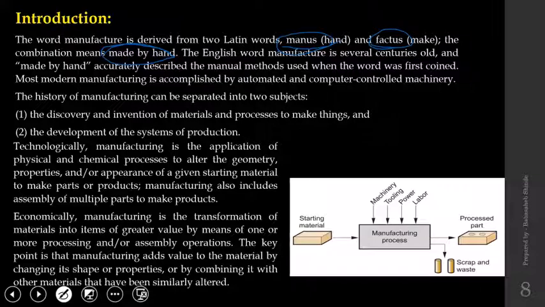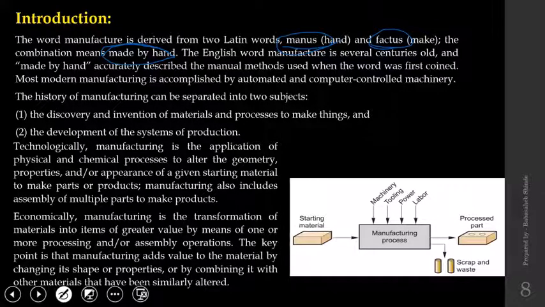We know that a few years before, the lathe machine and milling and all those machineries were not there. Once James Watt invented the steam engine, that created the base for industrial revolution one, right? And thereafter the machineries came into existence. Before that, everything was made by hand. So the origin of this word manufacture is also something that is made by hand.